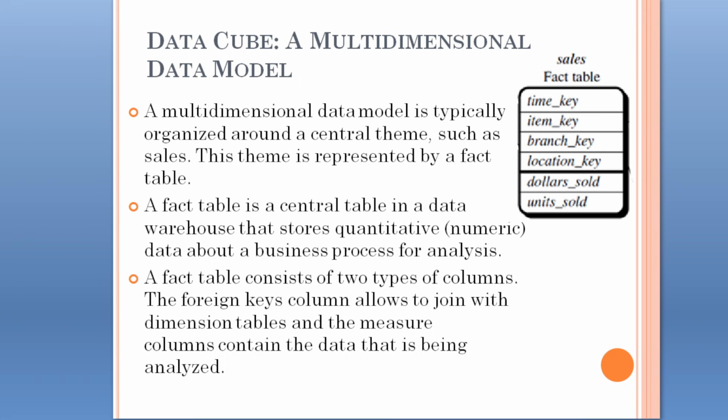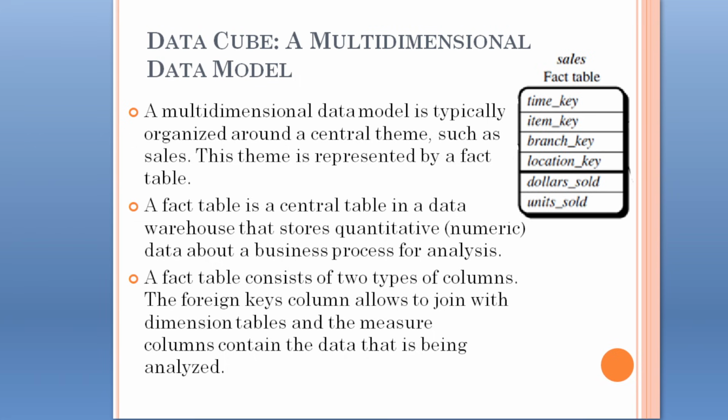Examples of facts for a sales data warehouse include dollars sold, units sold, amount budgeted, and so on. The fact table contains the names of the facts or measures as well as keys to each of the related dimension tables. Data cubes are n-dimensional and do not confine data to 3D.